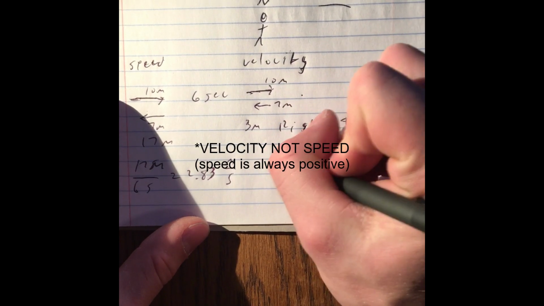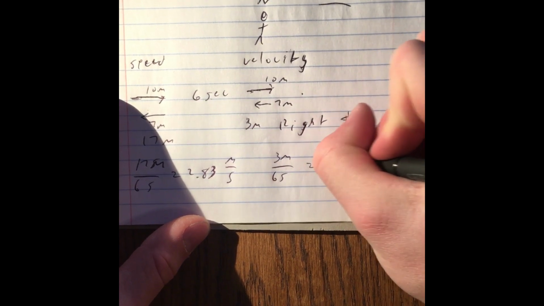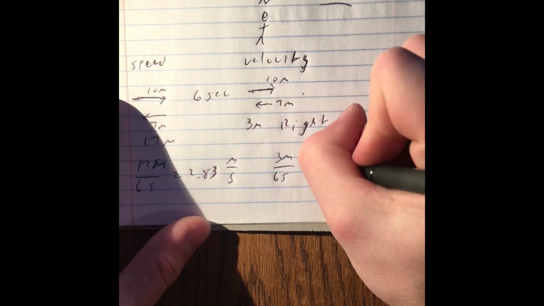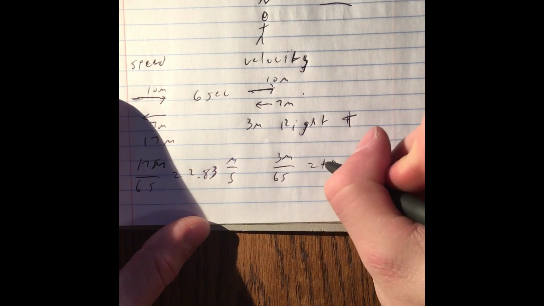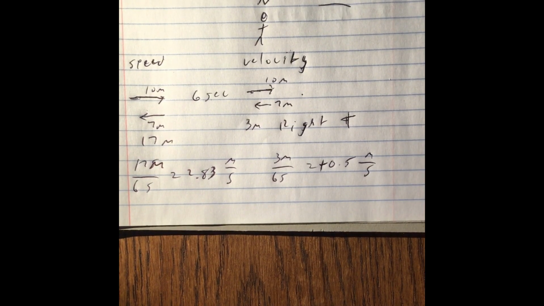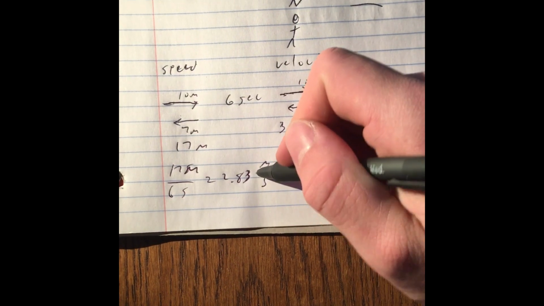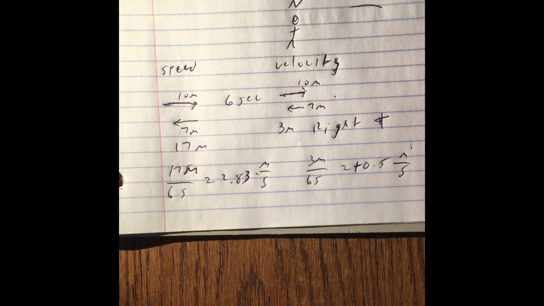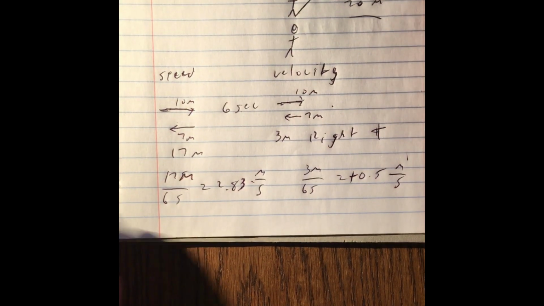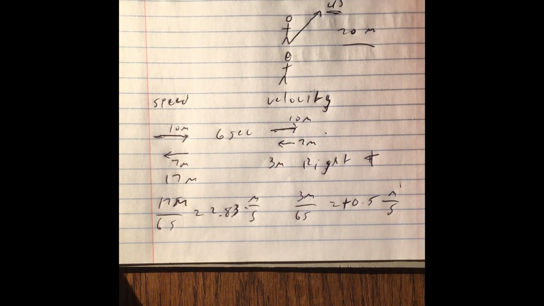If you move 3 meters in 6 seconds, he is moving at a rate of 0.5 meters a second to the right, so positive. And that's his velocity and his speed. While velocity and speed might be terms that are used interchangeably in everyday life, they're actually different. Same with distance and displacement.